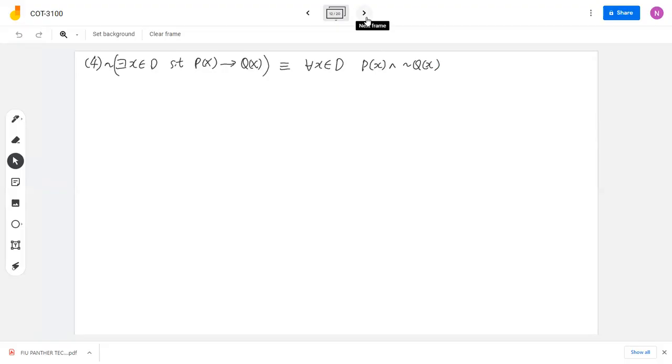Let's see an example of the negation of such a quantified statement. The original statement is there's a student admitted to FIU but doesn't get a Panther ID.